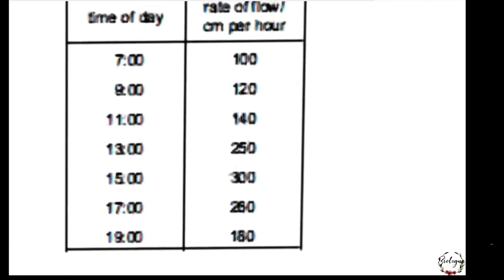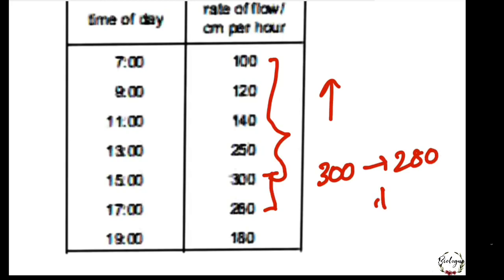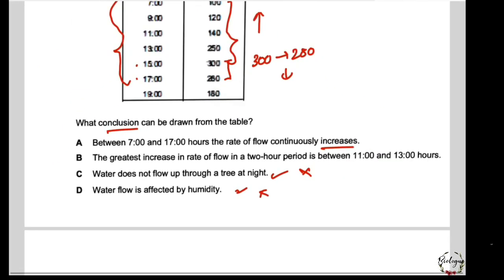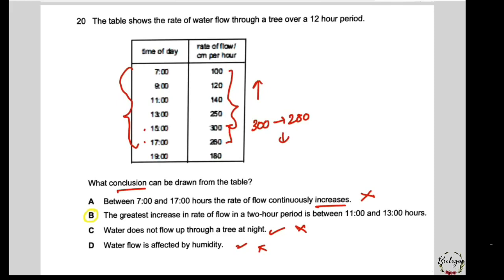Look at the table. Till about here we can see an increase, but from 300 to 280 we are able to see a decrease, and that is between 15 and 17 hours. So that comes between the range of 7 to 17 hours. So that is actually wrong. So what our answer will be is B. Alright, so for this question the answer will be B.